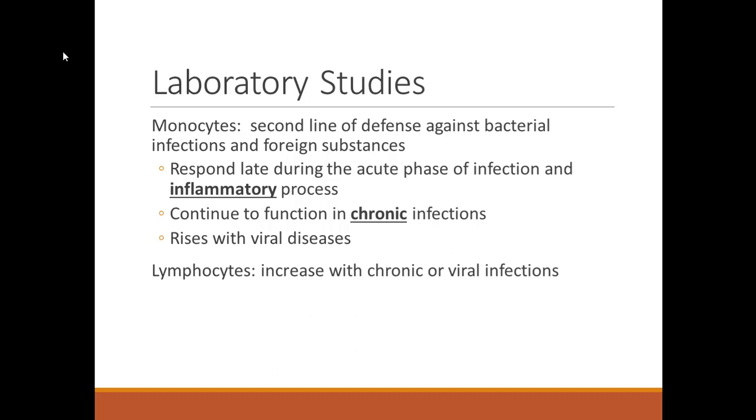The monocytes show up later in the acute phase once the neutrophils are getting tired out, and then they work for chronic infections. So if somebody has a chronic UTI with the catheter, they're going to have increased monocytes. These also actually rise with viral diseases. So chronic infections and viral diseases will increase the monocytes.